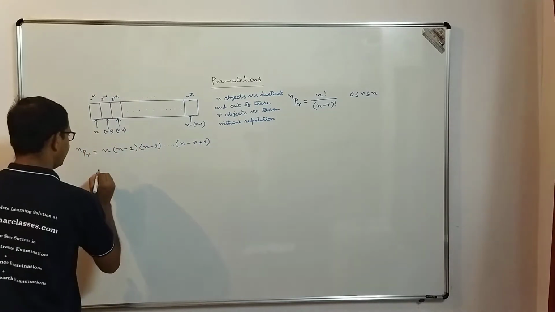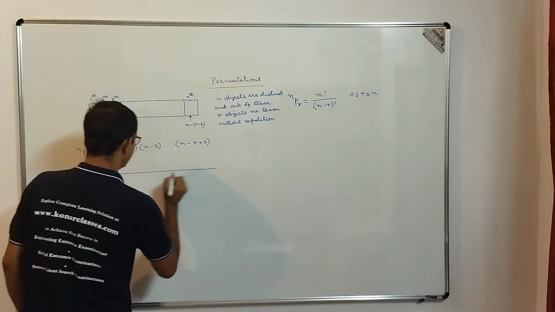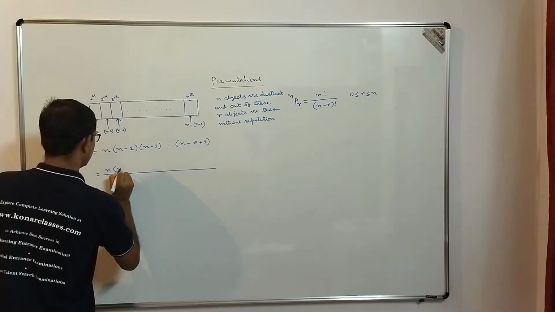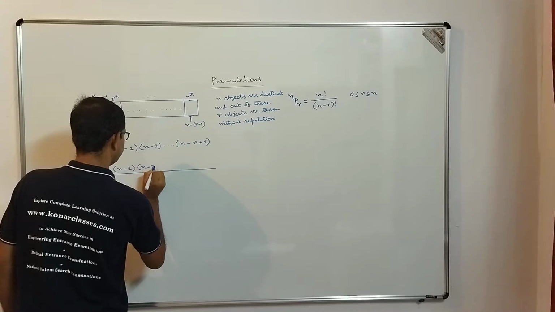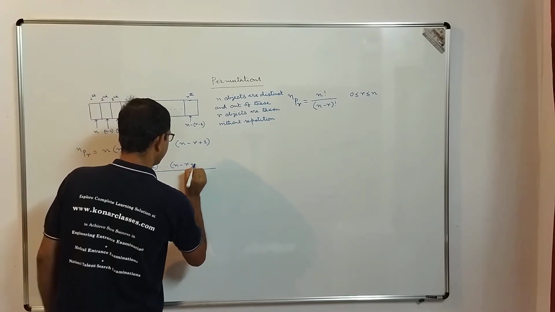Now what we are going to do is multiply both numerator and denominator by a quantity. Let me write it down. n into n minus 1 into n minus 2, in that way continuing to n minus r plus 1.